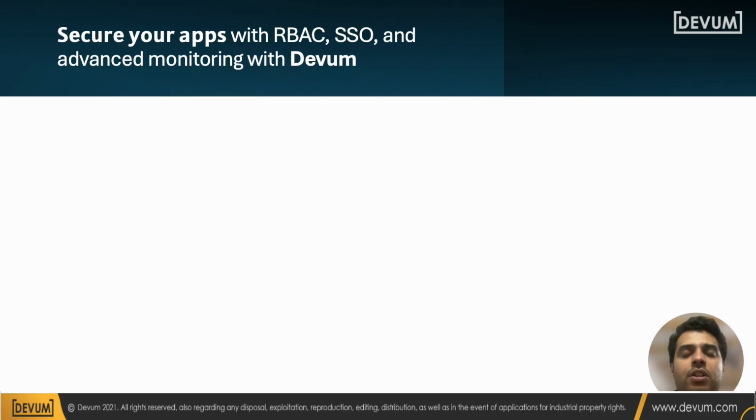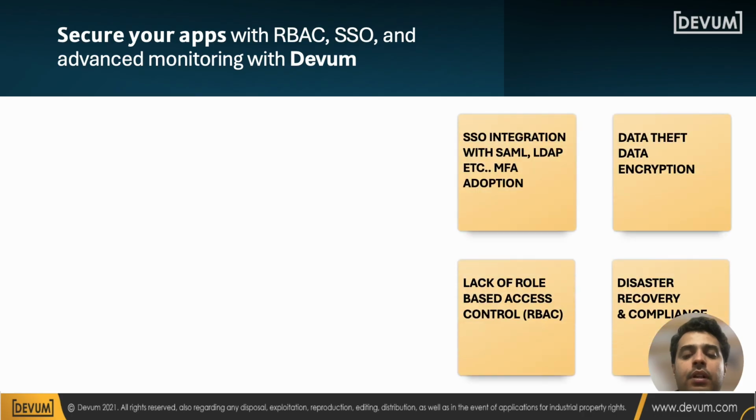Before diving into a demonstration of the console itself, I'd like to cover one major challenge that modern web application development teams face, which is being compatible or compliant with the security challenges that the industry poses.